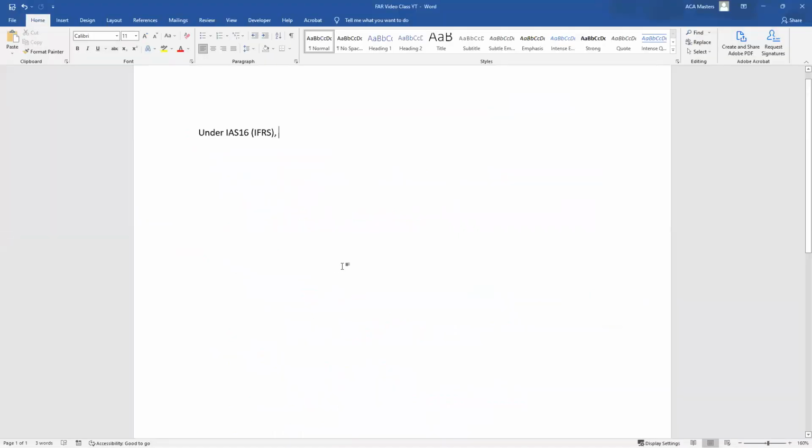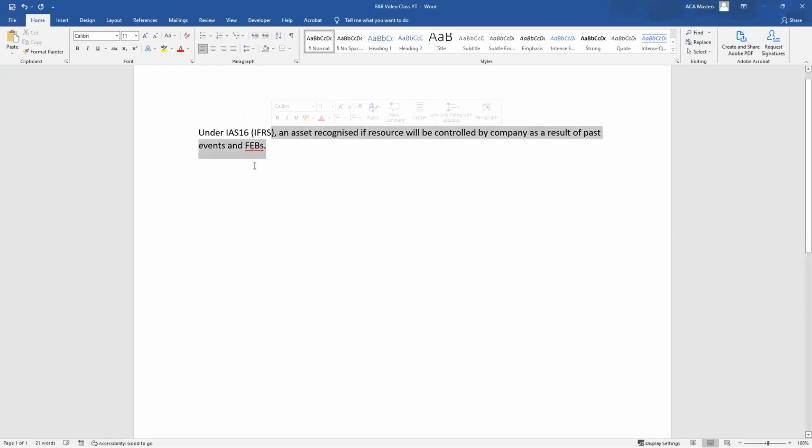So you could say an asset is recognized if a resource will be controlled by a company as a result of past events and future economic benefits. And you could even use an abbreviation like that. I'm sure the examiners would know what you mean there, particularly in the context of that sentence.